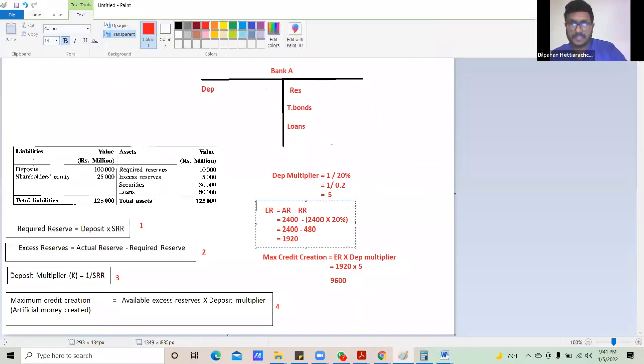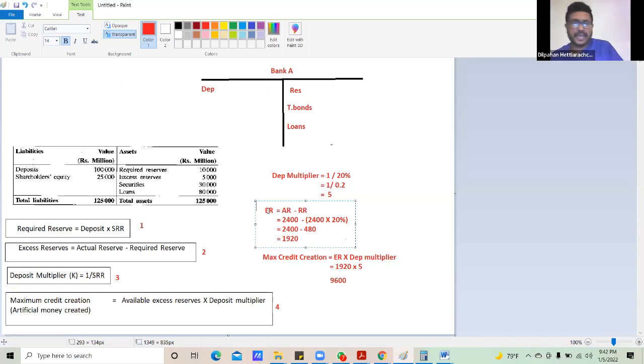I calculate excess reserves. How can I calculate excess reserve? Now you have 2,400 with you, that is your actual reserve, minus required reserves, 2,400 into 20%, which is 480. So 2,400 minus 480, answer is 1,920. This 1,920 is the money you can use for credit creation.